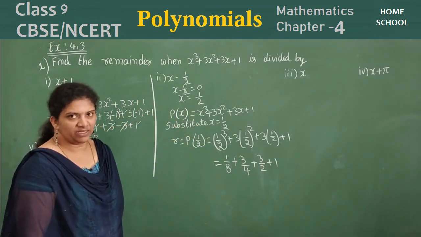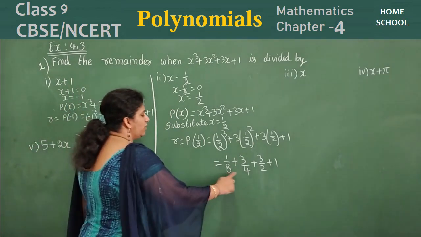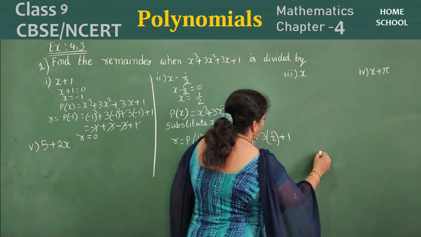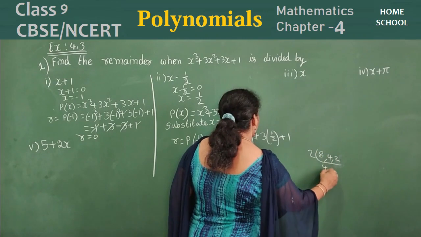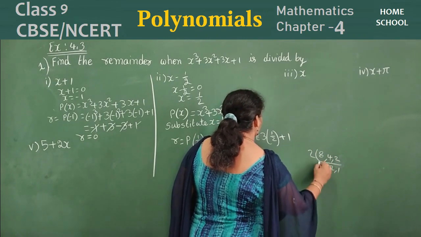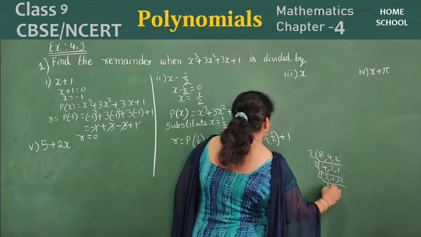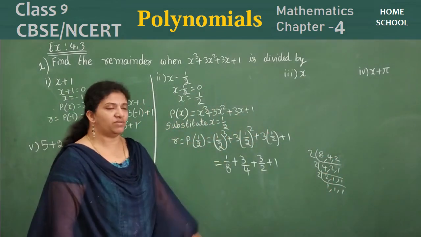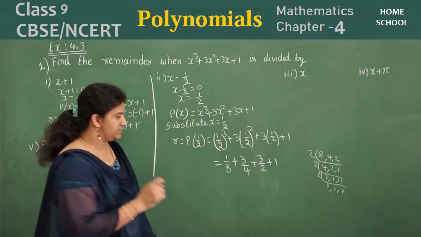Now, is this completed? No, we need to find the LCM of this. So look here, 8, 4, 2. What is the LCM? 2 4s are 8, 2 2s are 2, 1s are 1. Then again 2 2s. Tell me the LCM here. 2 2s are 4, 4 2s are 8. 8 is your LCM.